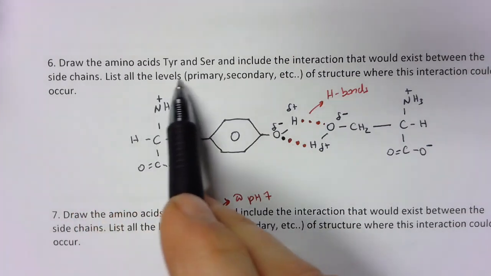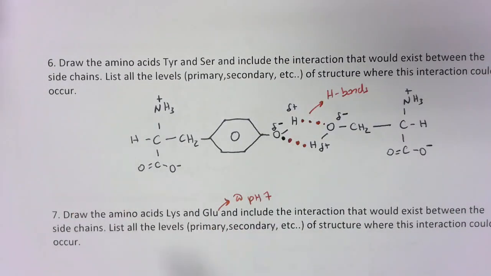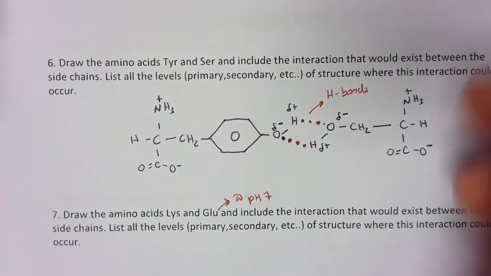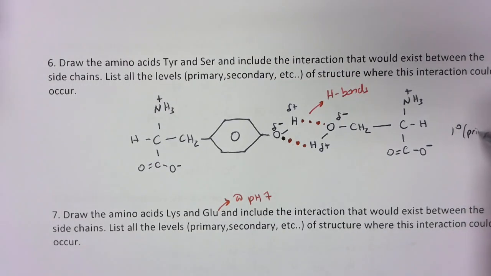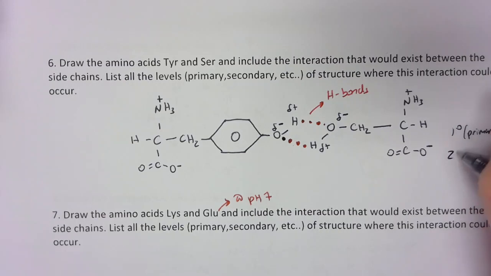Now, this says list all the levels of structure where this interaction could occur. Well, it's not going to occur in primary, because this is just the sequence of amino acids. It will not occur in secondary, because secondary is only involving the backbone.